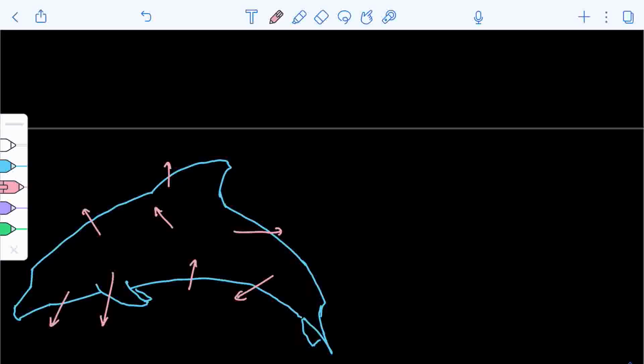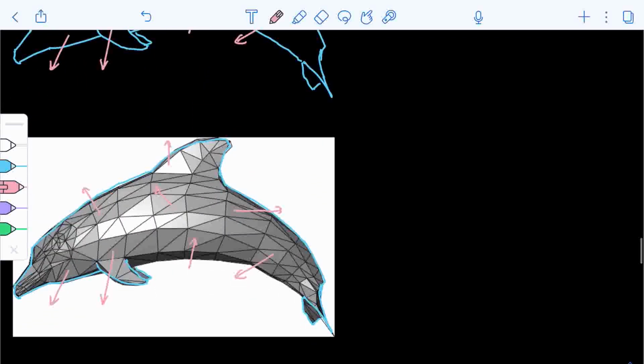Well, first, we split it into a bunch of different flat planes, because we know how to deal with flat planes. Second, we pretend that the electric field on a flat plane is constant, even though it might be changing. And third, we calculate the electric flux for every single one of these little triangles.